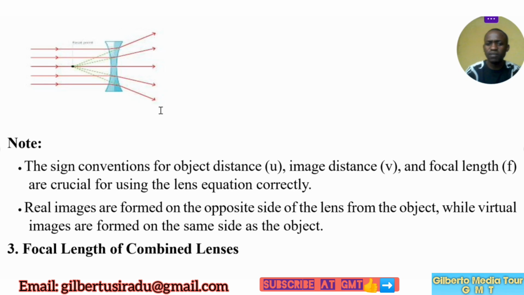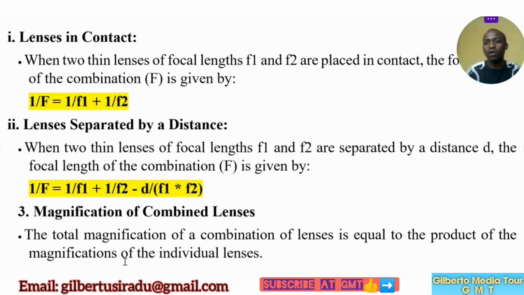In case there is a combination of lenses, the reason why we are going to see what the focal length is, is because focal length determines the power of lenses. So in combining lenses, there are two cases.